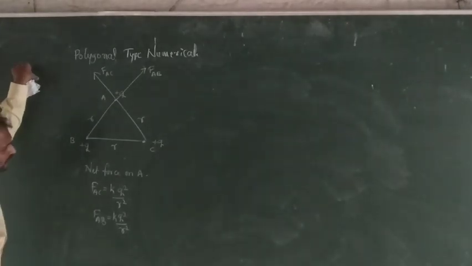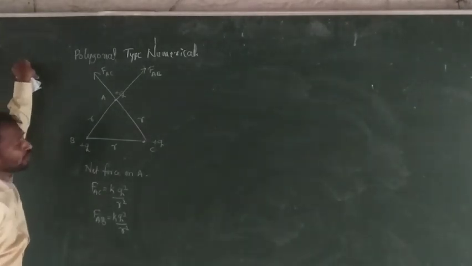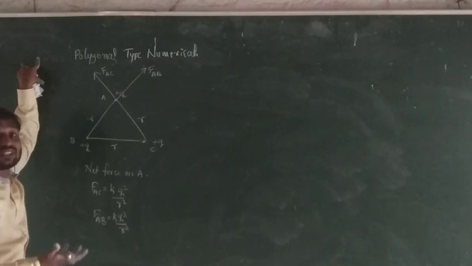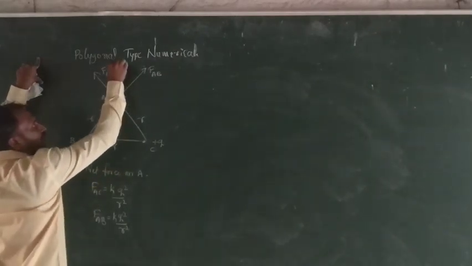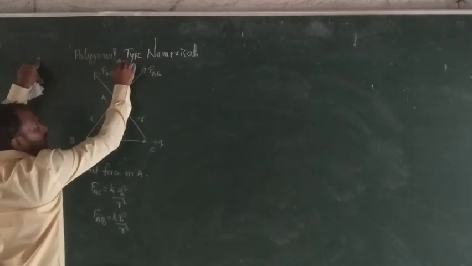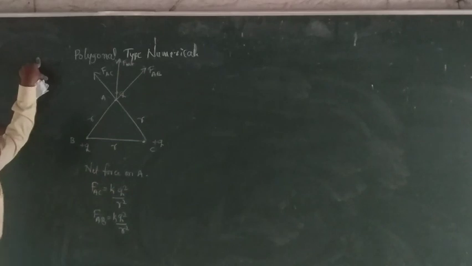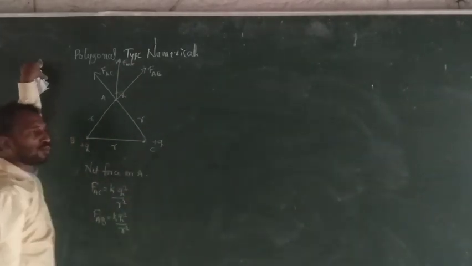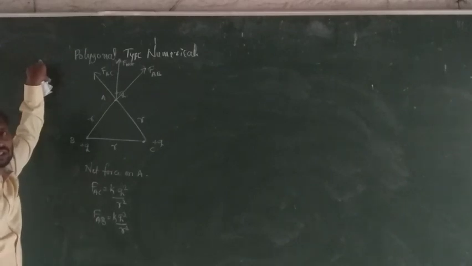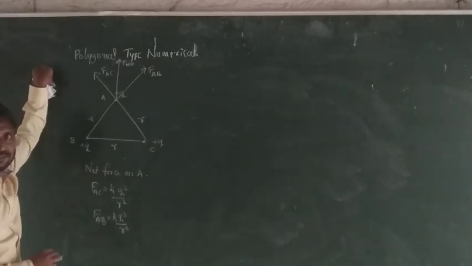Next, we want to calculate the net force, which means the resultant force. The resultant force we will get in this direction, FR, or we consider F net. You already know the polygonal law of vector addition from first year classes.